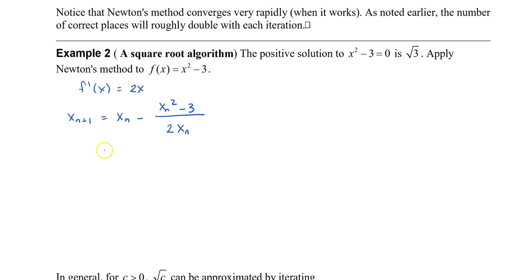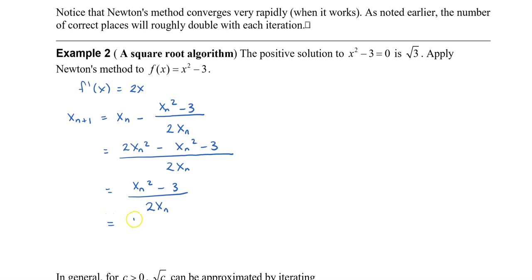Now I'm actually going to do a little bit of simplifying, and I'm going to get a common denominator. So I get 2x sub n squared minus x sub n squared minus 3, all divided by 2x sub n. In my numerator, I can simplify this to be x sub n squared minus 3, divided by 2x sub n.